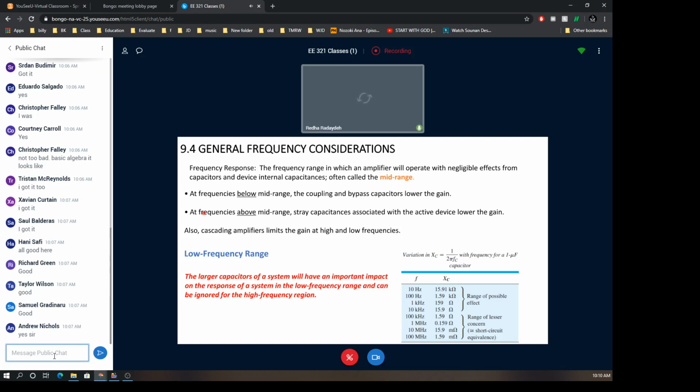Over some frequency range, which goes from here to here, the gain will be maximum. But if you decrease the frequency below a certain point, the gain will decrease. And if you increase the frequency of the input signal above a certain point, the gain will also decrease.